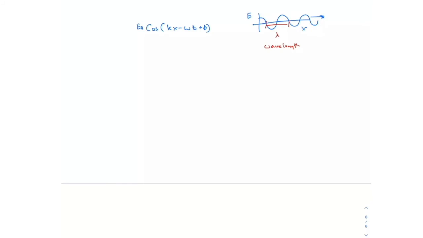I can work that out from this expression, because if x increases by one wavelength, this repeats itself. So I get the same value. This waveform repeats itself when x increases by one wavelength.